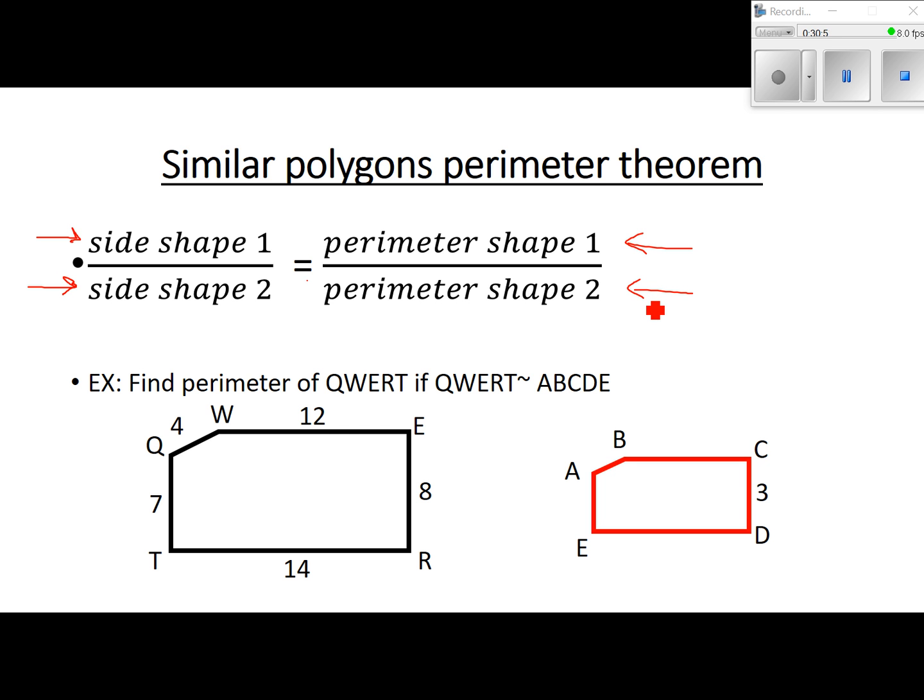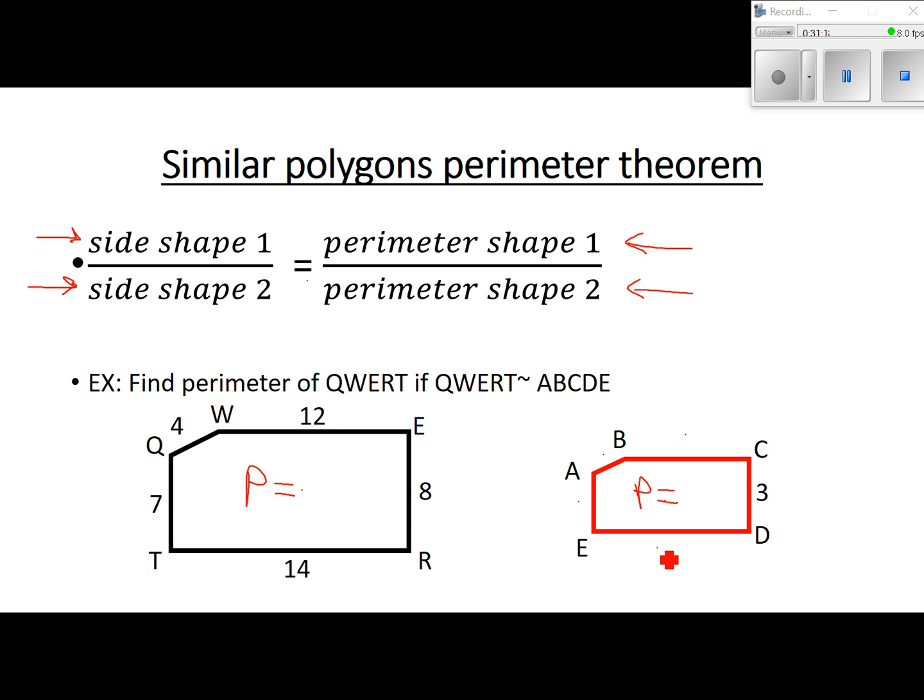So what that allows us to do, if we're looking at these two polygons that I have here, and again, I'm going to go through this quickly because it doesn't affect your assignment, but it's something that wouldn't hurt to know, is that if I can find the perimeter of this shape, then I can find the perimeter of this shape without actually finding the lengths of all the separate sides. And sometimes that makes everything a whole lot easier.